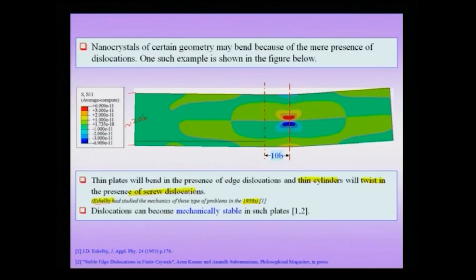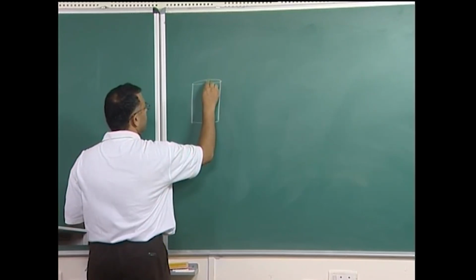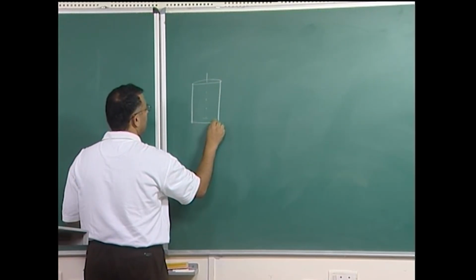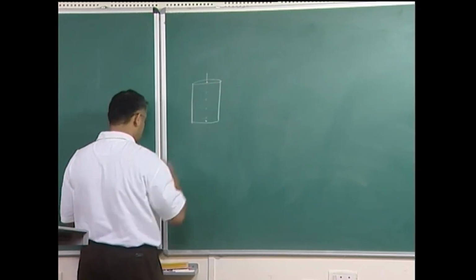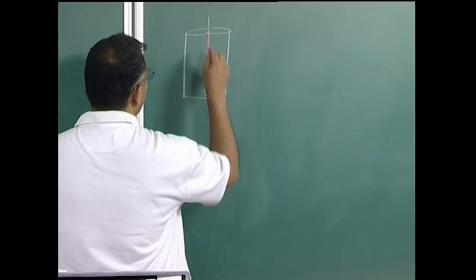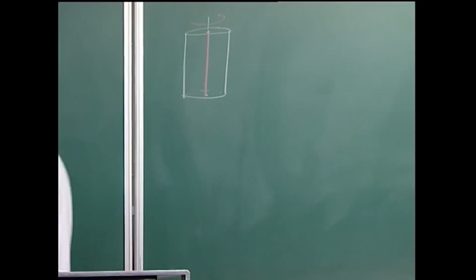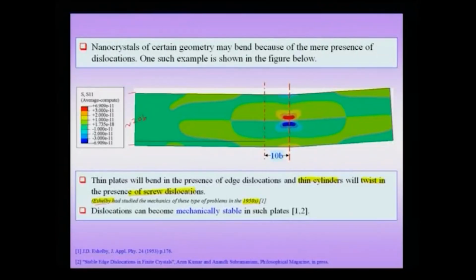I can talk about a dislocation in a plate like this, the one as drawn, or I can talk about a dislocation in a cylinder, and now I am talking about a screw dislocation in the middle of a cylinder. In the presence of this screw dislocation, the cylinder will tend to twist. Therefore, in nanocrystals there are important effects directly coming because of the presence of the dislocations.